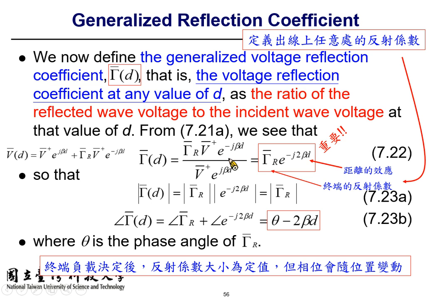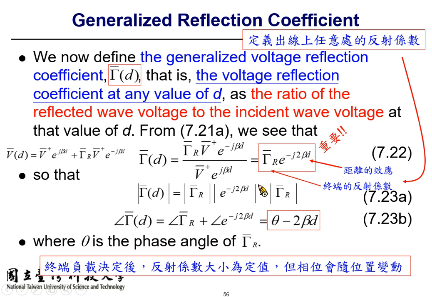Because in the denominator is exponential minus j beta D, and in the numerator is exponential plus j beta D. So if you collect the two terms, it becomes exponential minus j 2 times beta D. So this is the definition for reflection coefficient at any place on the transmission line.